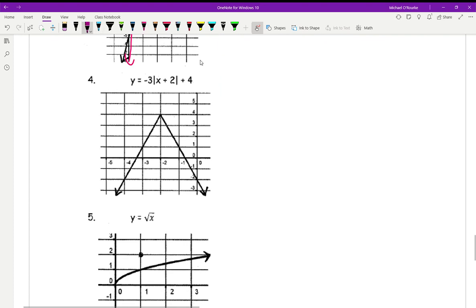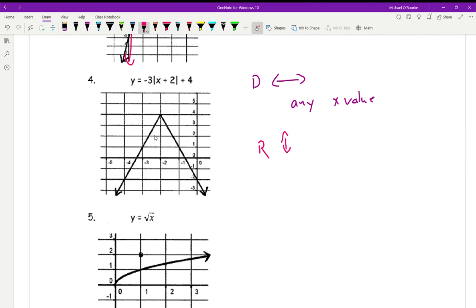Now if we go here, our domain, we're talking left and right. So it's going to continuously go this way and continuously go that way. So in words, it is any x value, since it's going to continuously go left and right. Now range, on the other hand, is up and down.